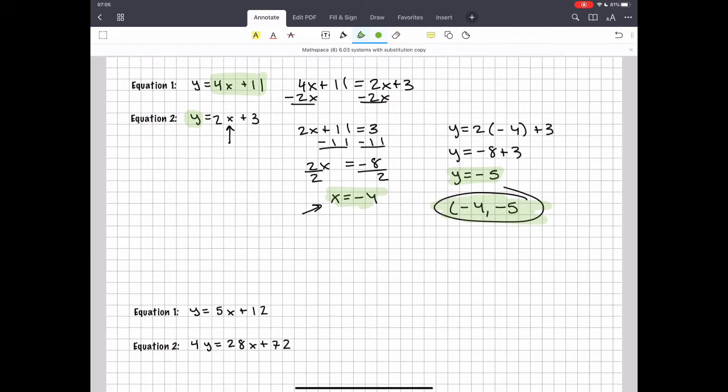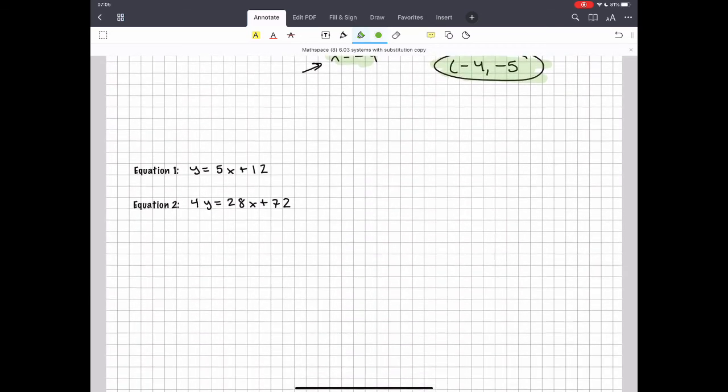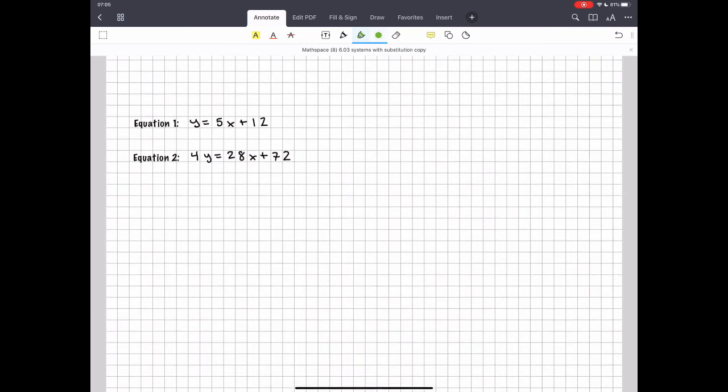So one last example, a little twist on the problem. Again, I have two equations, and I'm going to do exactly the same thing. This looks a little different because equation 2 says 4y equals 28x plus 72, but it's still the same idea. I'm going to replace this y with 5x plus 12.